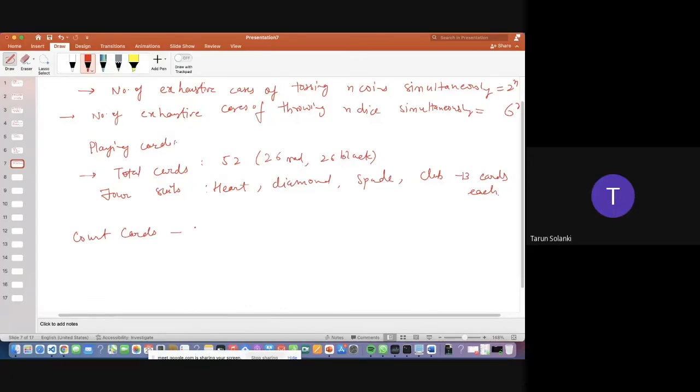Court cards are 12: 4 kings, 4 queens, and 4 jacks. Similarly, honor cards are 16, meaning 4 aces, 4 kings, 4 queens, and 4 jacks. Okay, so first you copy this, then we'll take a few more.